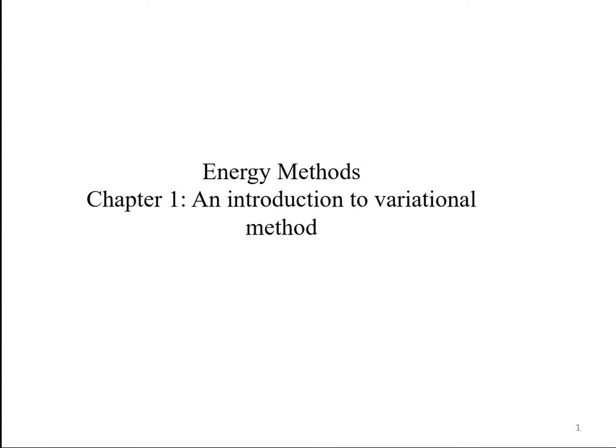We start our first session in the course Energy Methods. In this chapter, chapter 1, we are going to speak about variational approaches. A variational approach is a mathematical way to find equations of motion for rigid bodies or deformable bodies and simultaneously find boundary conditions of the problem.